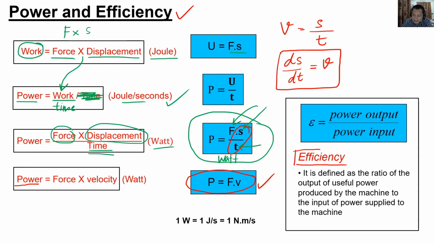So when you have power, we can also measure its efficiency. So an efficiency of a system, you have to measure. Typically it's output divided by the input. Output is what you get, input is what you give, right?